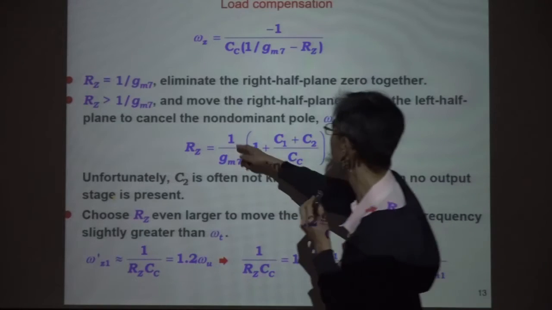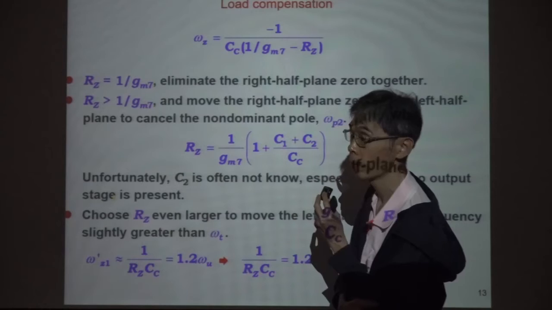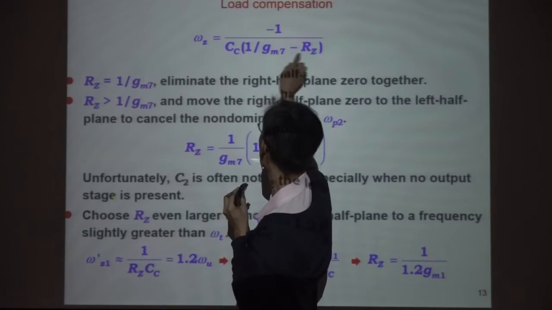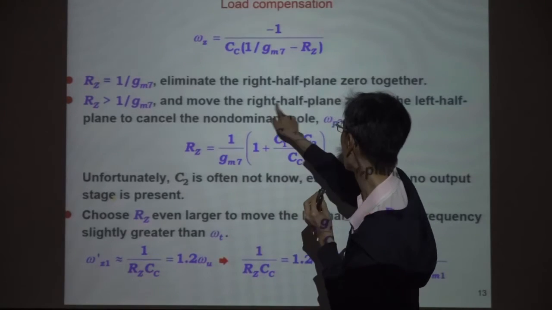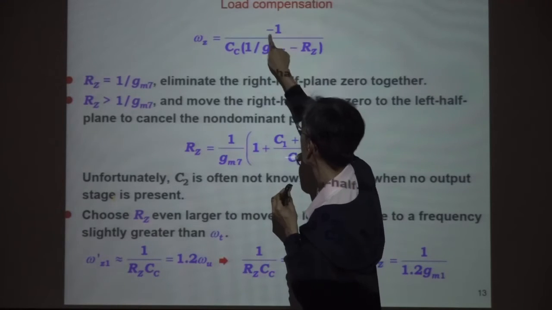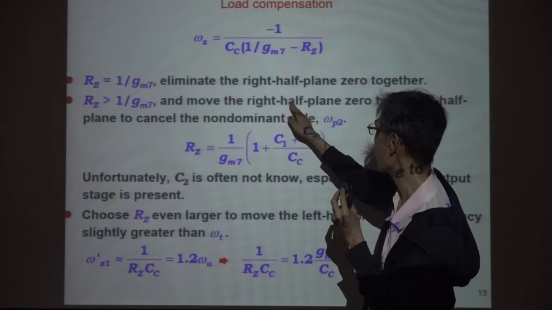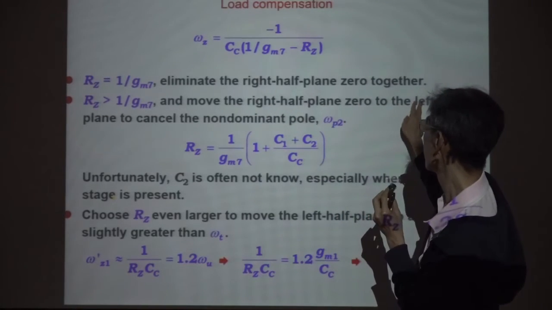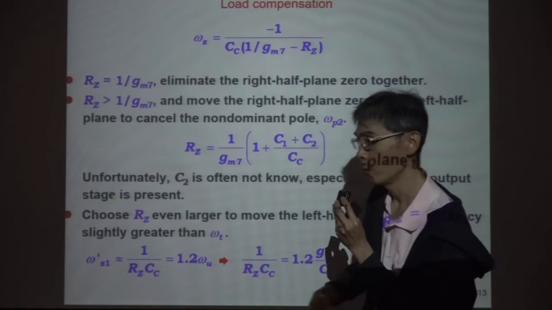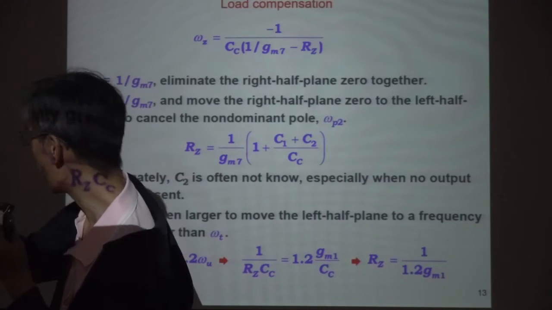So if we take RZ equal to 1 over GM7, then this one disappears. But if RZ is much greater than this one, we move the right-half-plane 0 to the left-half plane; minus becomes plus. Remember, a 0 and a pole can cancel out.